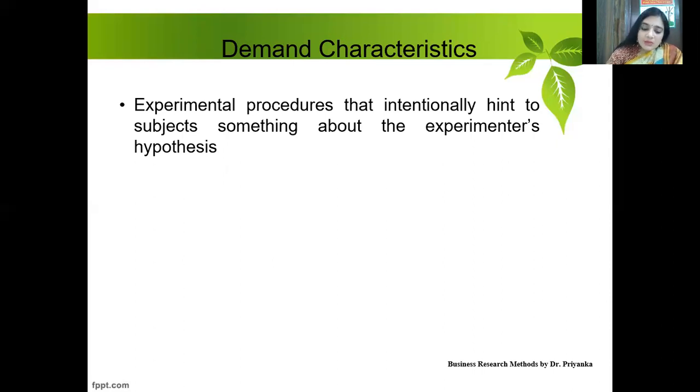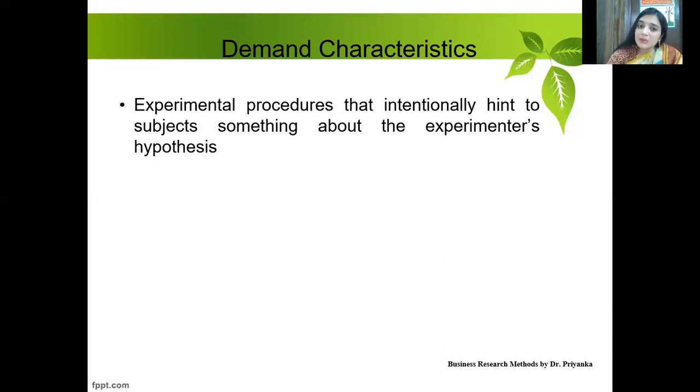In most experiments, the most prominent demand characteristic is the person who actually administers the experimental procedures, because he is in constant touch with the subject. Even if there is a team of experimenters, the person who is in touch with the subject would be affecting the experiment the most.